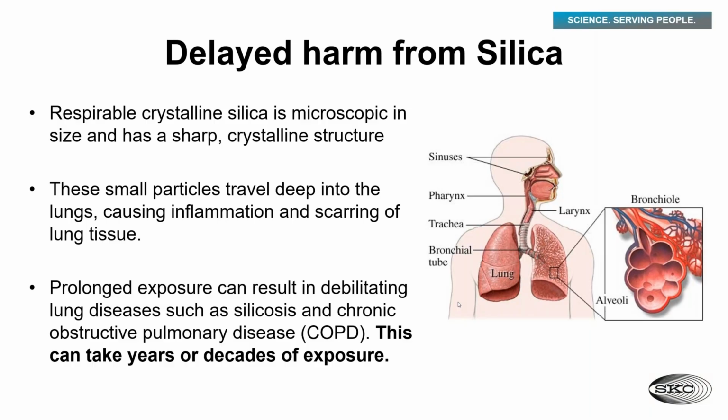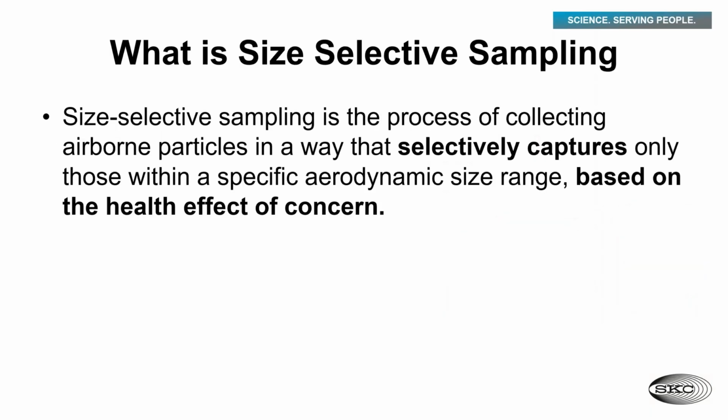We're trying to detect and figure out how much dust and silica is in the air, so we can implement proper controls to reduce the hazard to workers out in the field. So this is very important to consider. Is size-selective sampling, it's selectively capturing the particles based on the health effects that they are going to cause.